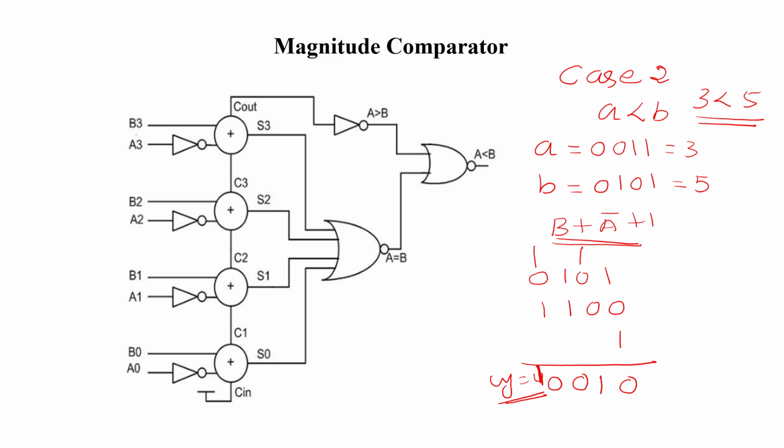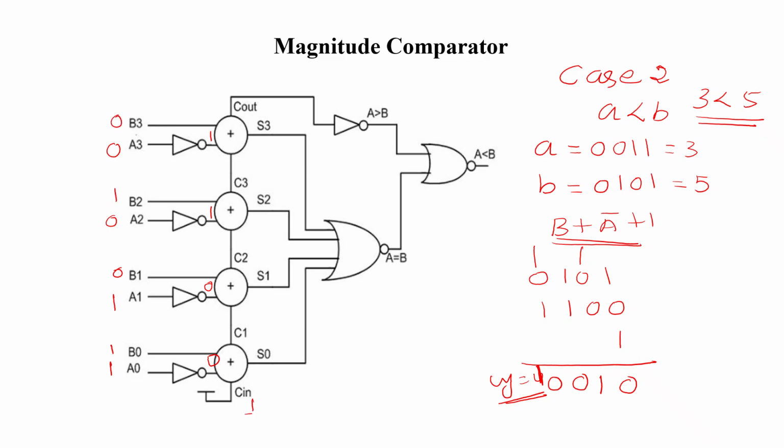Let me substitute these values into the circuit. So A is 3, that is 1, 1, 0, 0. After complement you will get the value 0, 0, 1, 1. Then B value is 1, 0, 1, 0.